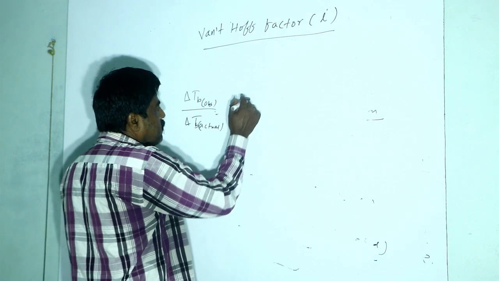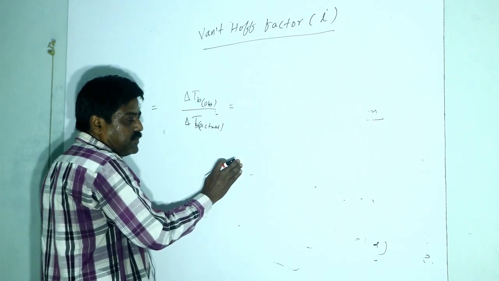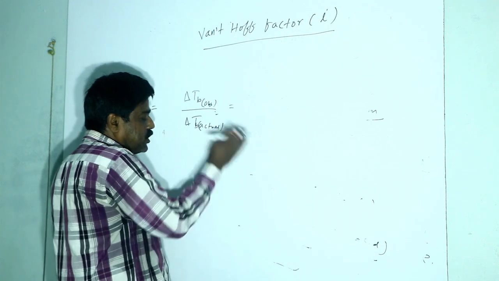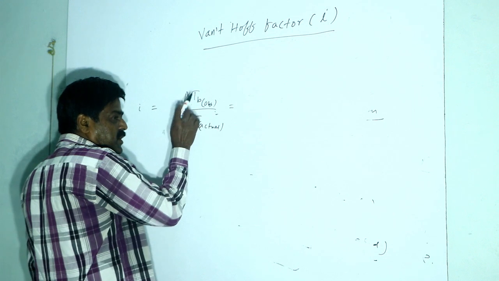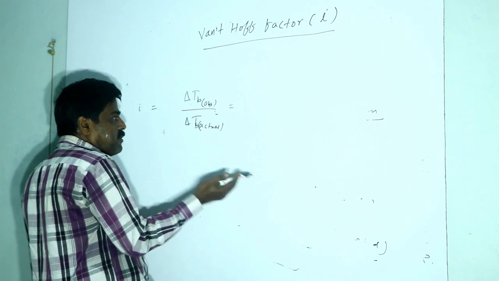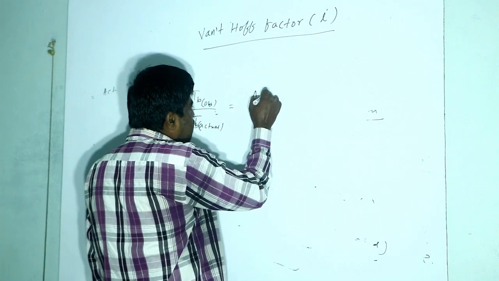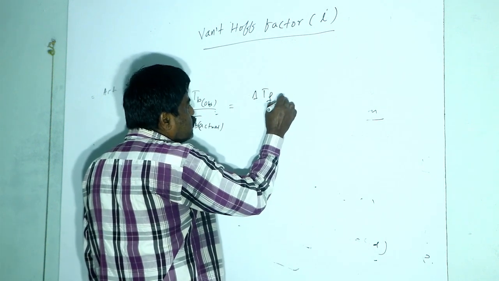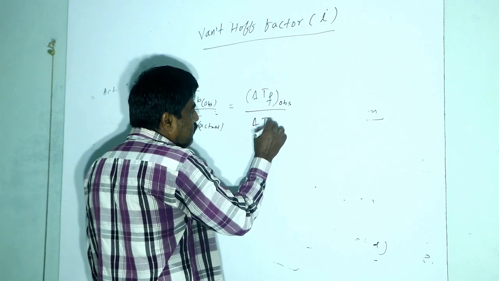Similarly, here for molecular mass, observed and actual are just the reverse relation, because you know del Tb is inversely proportional to molecular mass, or molecular mass is inversely proportional to del Tb. Again here you can say del Tf observed divided by del Tf actual.